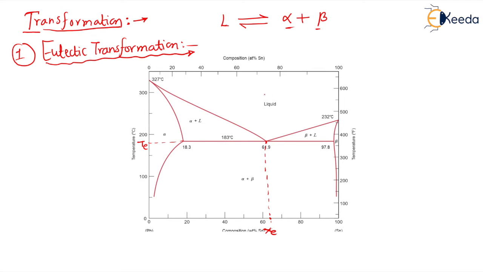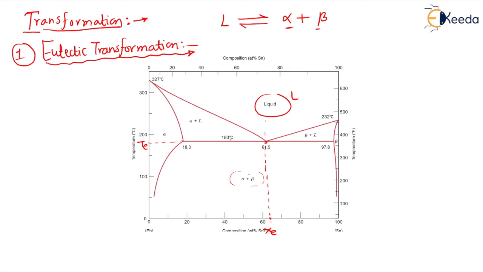So see here, this is the liquid L, and when the temperature drops below this eutectic temperature, there will be the two solids alpha plus beta, isn't it? So let us consider that at the eutectic point the temperature is Te and the composition is Xe.